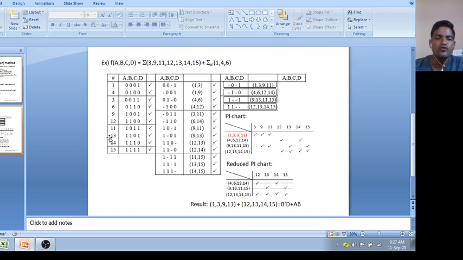Then group 3, G3, where 3 ones are present: 11, 13 and 14. Then G4, where 4 ones are present: 15. Similarly, you can make the next group G5 where 5 ones are present, and G6 where 6 ones are present.